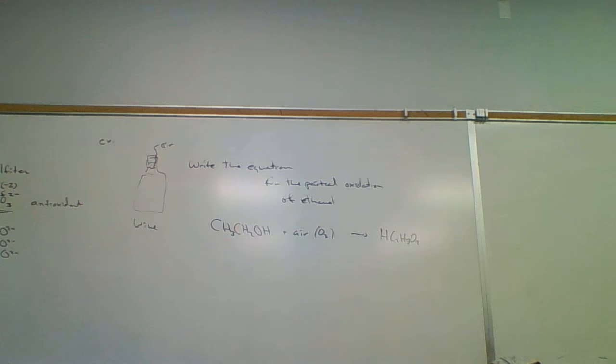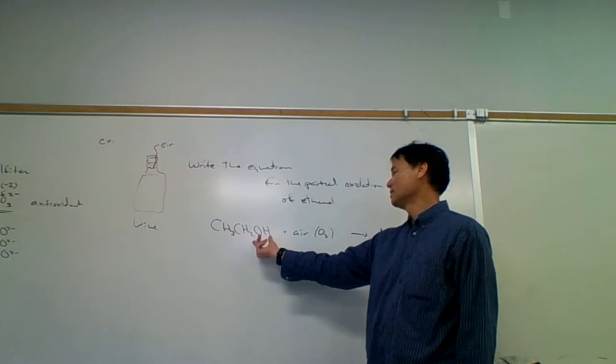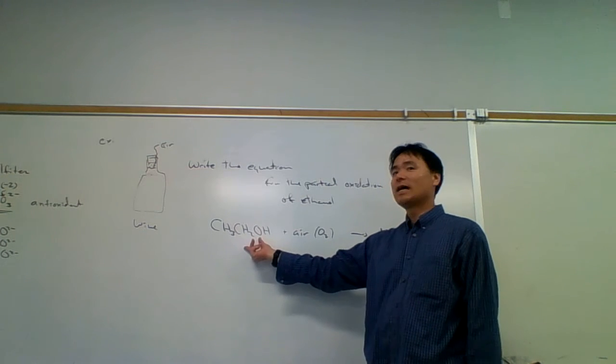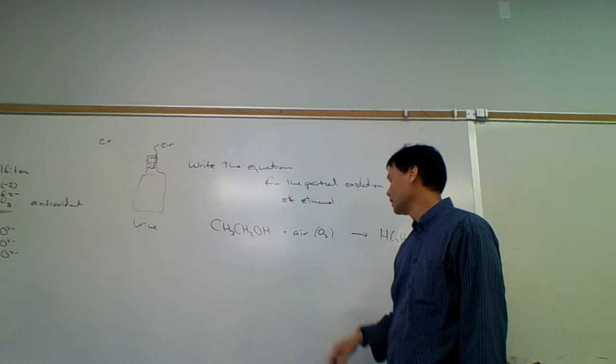This is not a single replacement type reaction. It might look like a single replacement type reaction: O2 plus, so this would be our A plus BX maybe, but this is not an ionic compound in that sense.